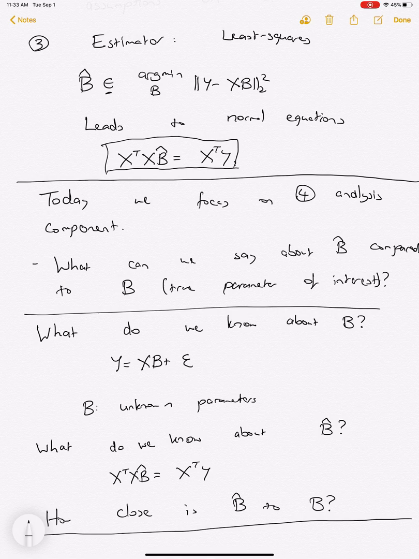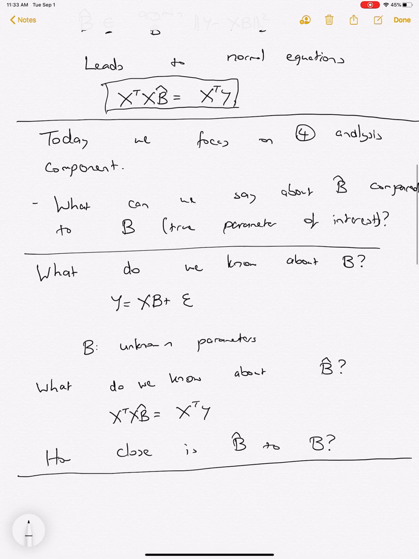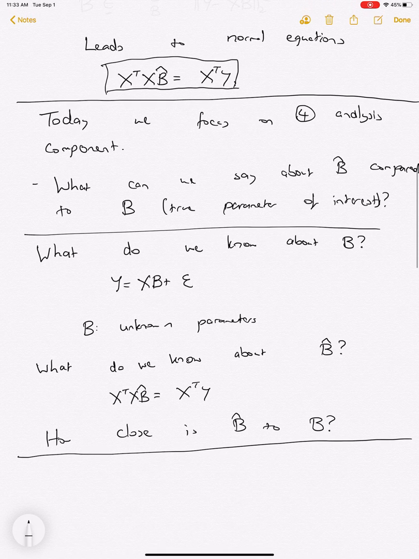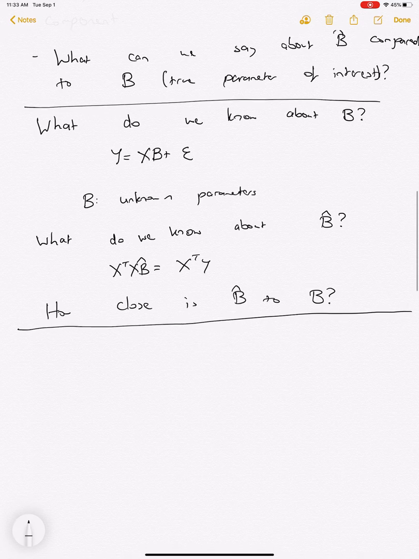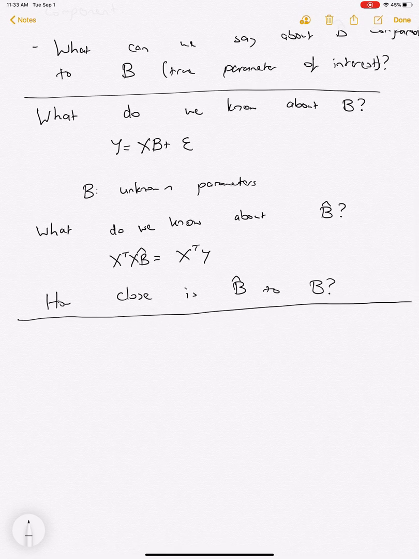And so this is where we use the linear model, where we know about b that y equals xb plus epsilon, where epsilon is some noise. And what do we know about b hat? We know that b hat has to satisfy the normal equations. And so the key question that we're going to look at today is how close is b hat to b?